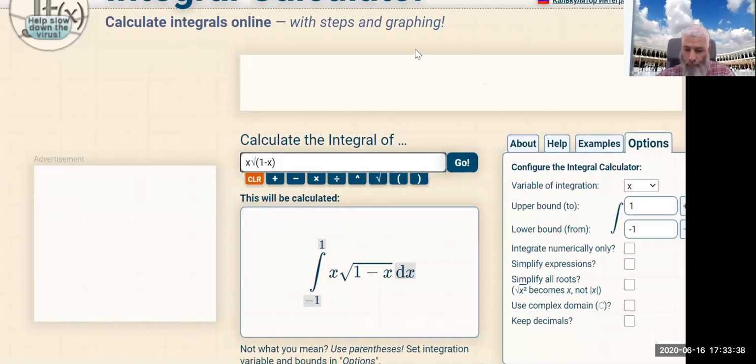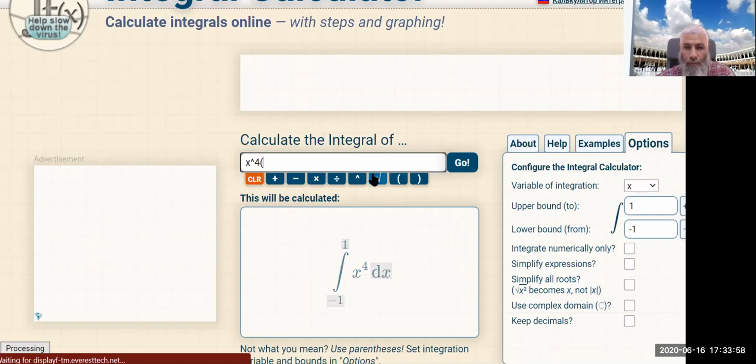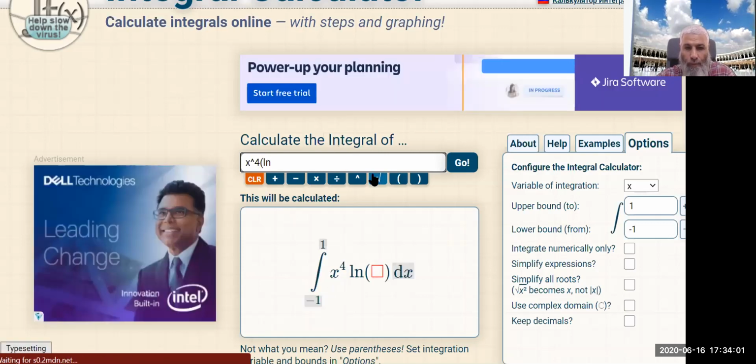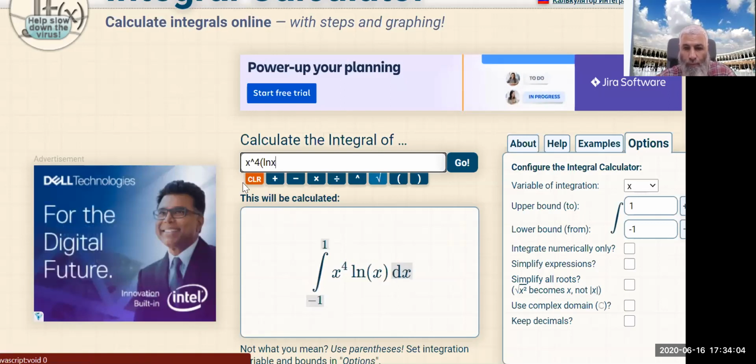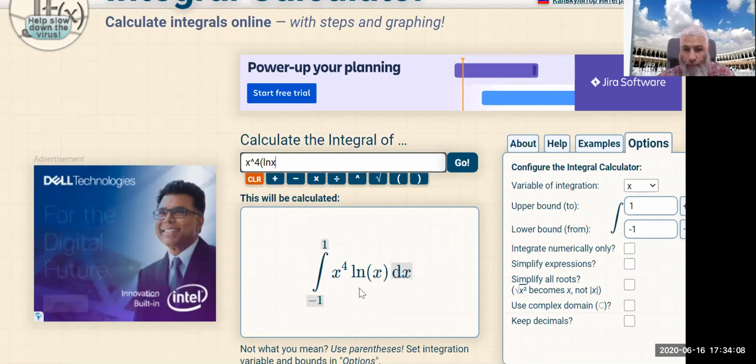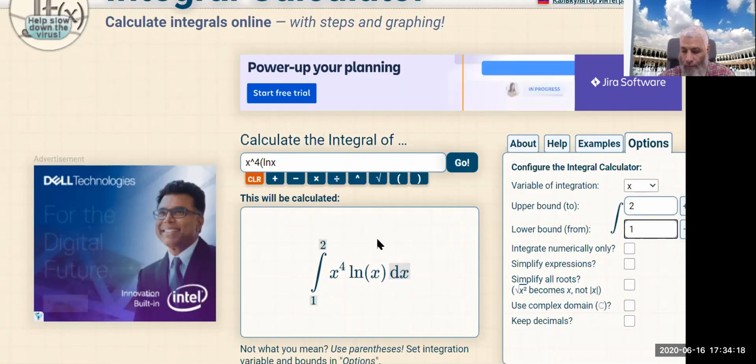Right? Yes, right. X power 4 ln x dx from 1 to 2.